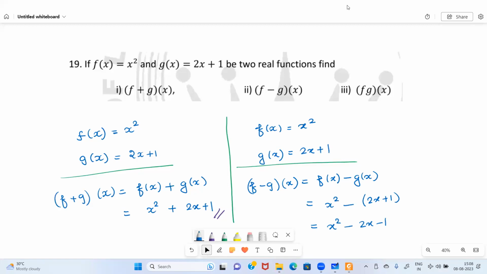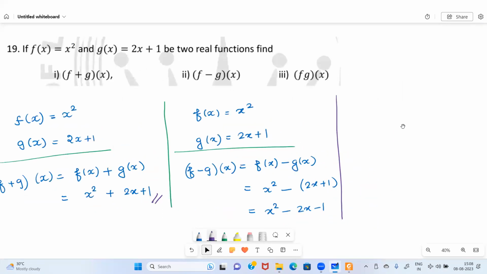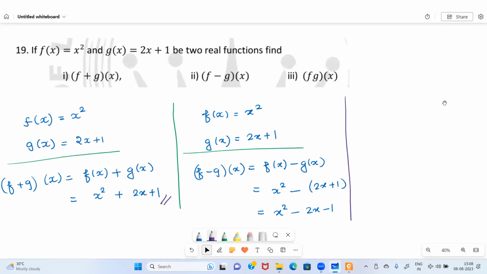Yes, students, I hope it's clear so far. Now, we do the last part of this question. So it's the first part, the second part, and the third part of the question, which is nothing but fg of x, which is nothing but the notation for f of x into g of x, students.